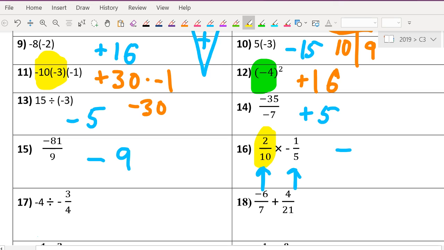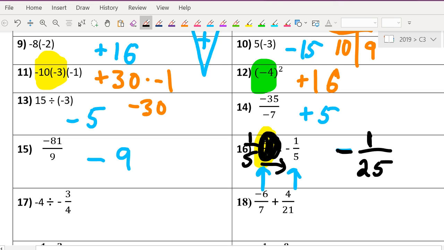We divide the top and bottom by 2. What do we get? 1/5. So we've got 1/5 times 1/5. You multiply across because you don't forget how to multiply, right? And then we get 1/25. Be careful that you don't add those, because that would be a really horrible, embarrassing mistake that you would never put on YouTube.